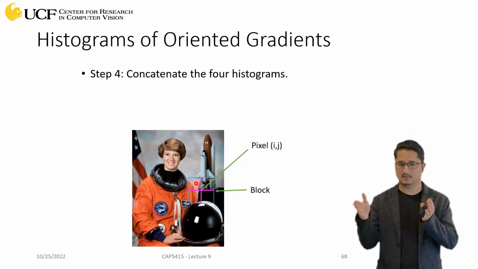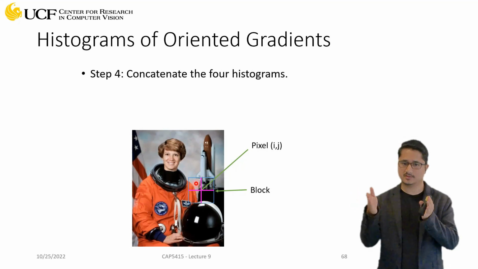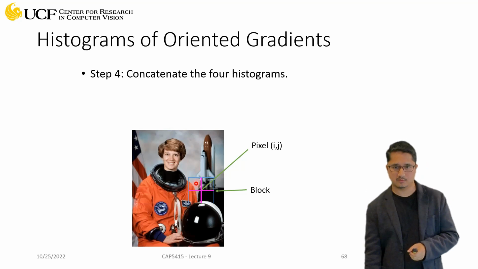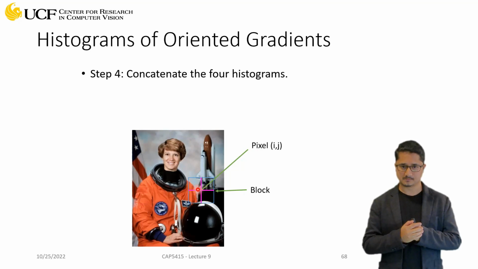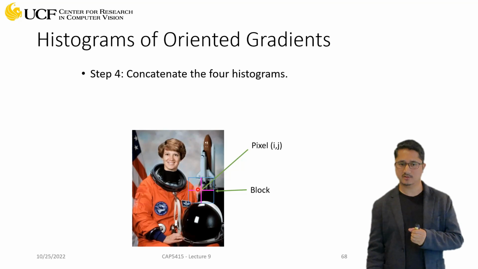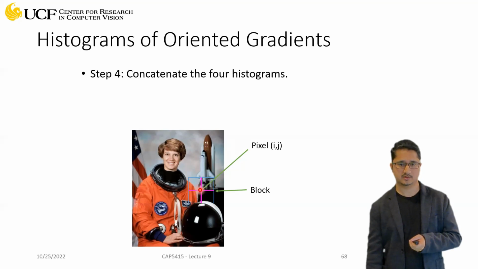And at the end, if you have to describe that histogram, it's just 10 different values. So in this case, if you are extracting a histogram which has 10 bins, this cell will have 10 values. Again, this will have 10 values, and same for these two. And you just concatenate those. So at the end, for this whole block, you are going to get 40 different values. Okay, you just concatenate those. And those 40 different values are actually your features for this pixel location.